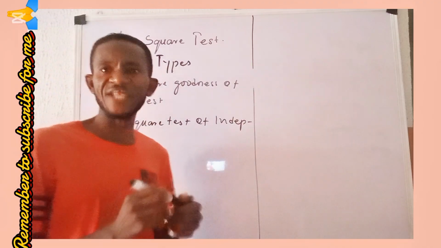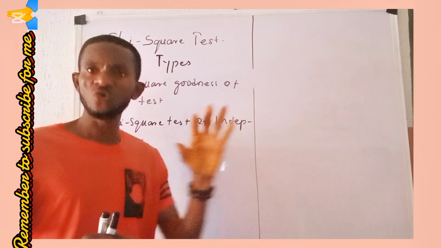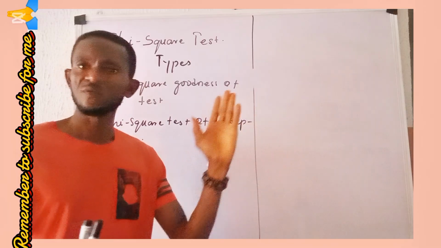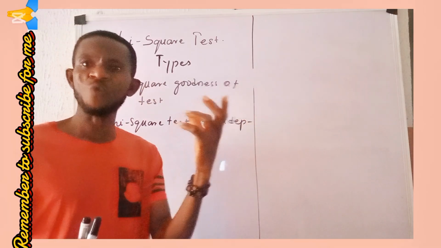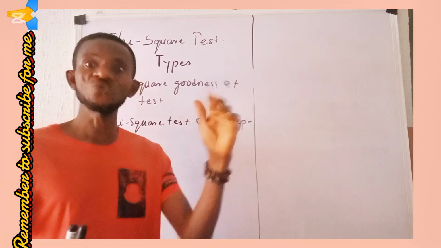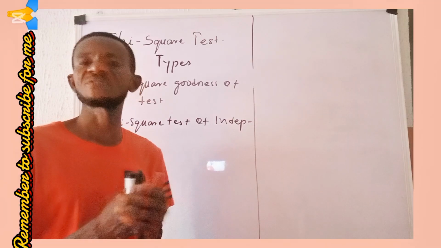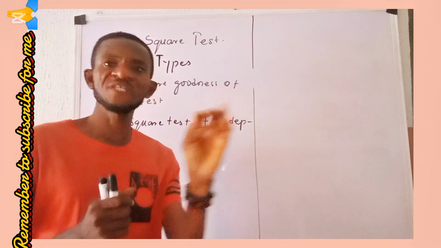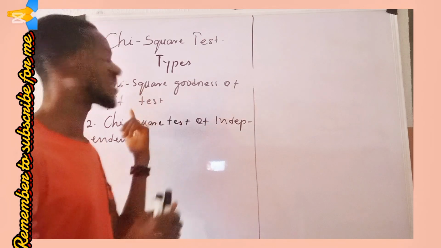These are the two classes of chi-square tests, and both of them make use of expected and observed frequencies, and equally try to determine and compare the differences between these two quantities. So our major concern now becomes, when is it appropriate for us to resort to using the chi-square goodness of fit test?